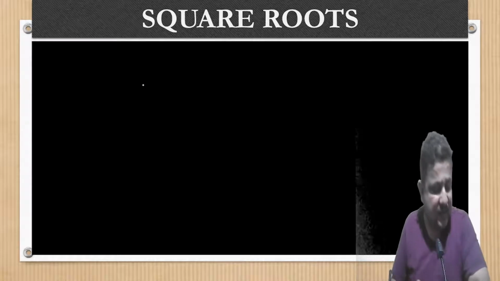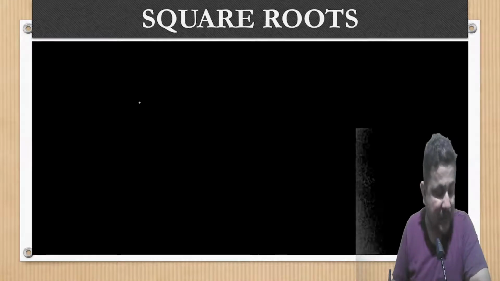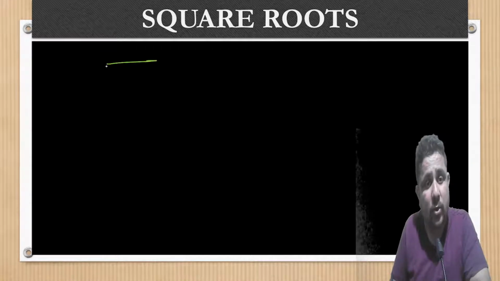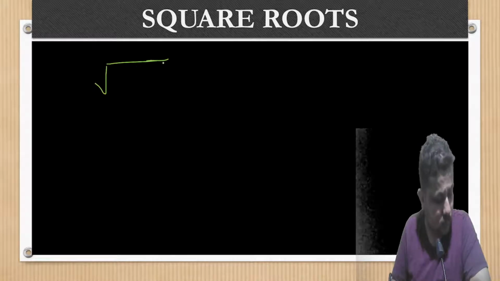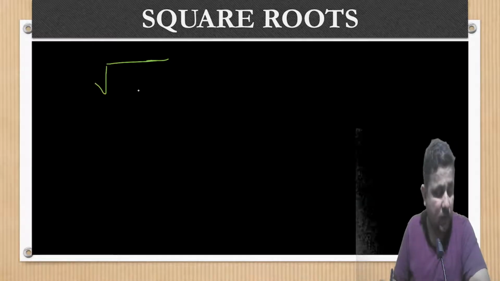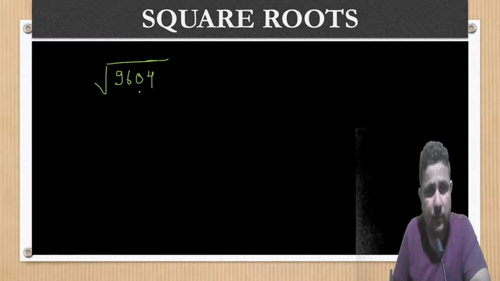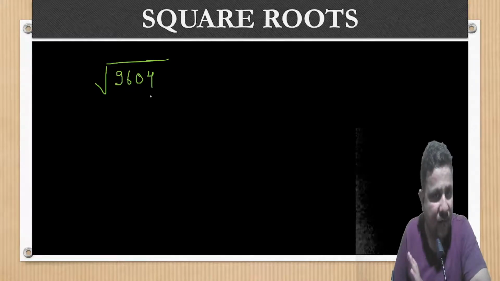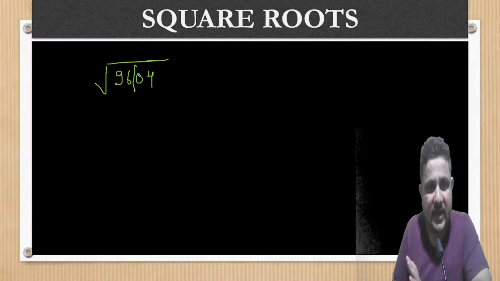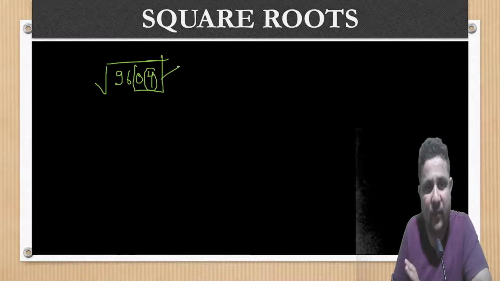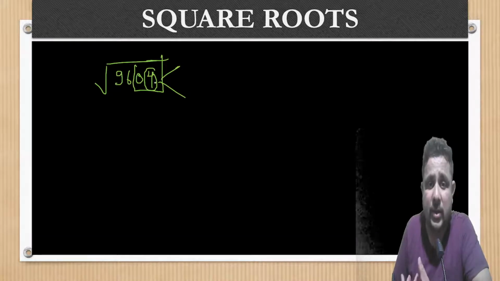Okay, let's take some more examples. Suppose you have a number like 9604. You need to find out the square root of 9604. So cover last two digits. Now unit digit is 4. So the unit digit of which numbers' squares are 4, from 1 to 10?